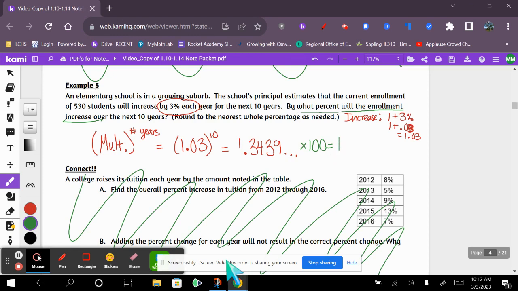If I round it to the nearest whole percent, it's about 134%. And if I translate that to how much it increased, well, it started out as 100%. So this would be an increase of 34%.